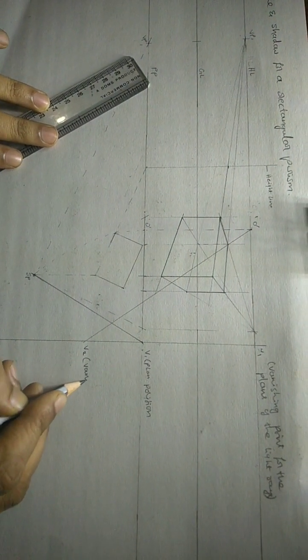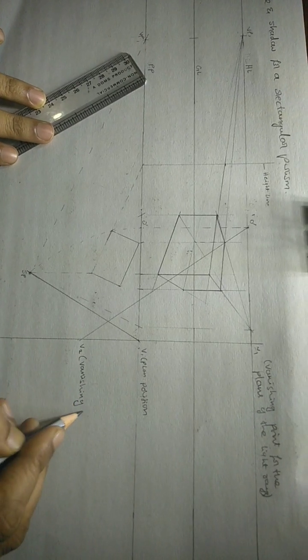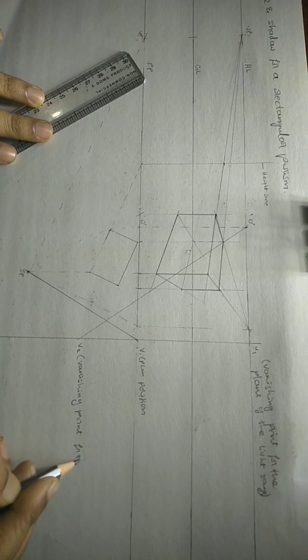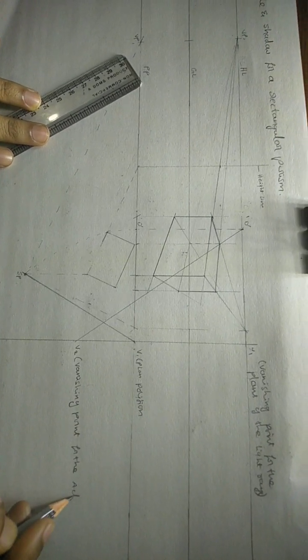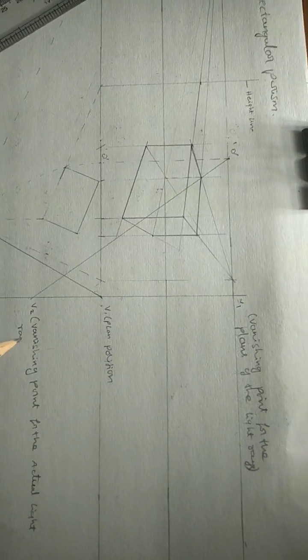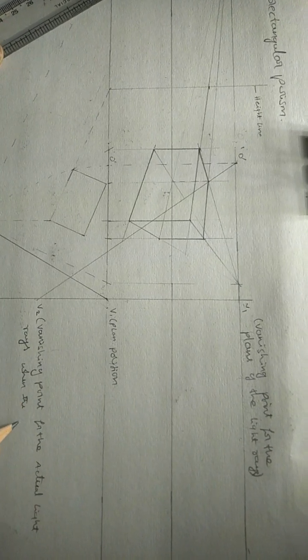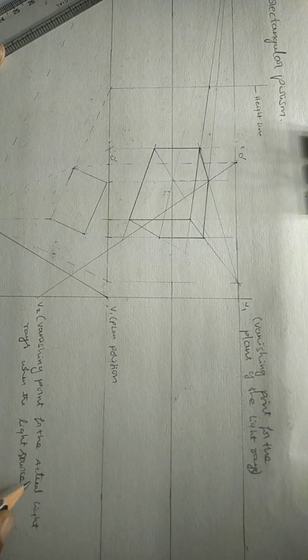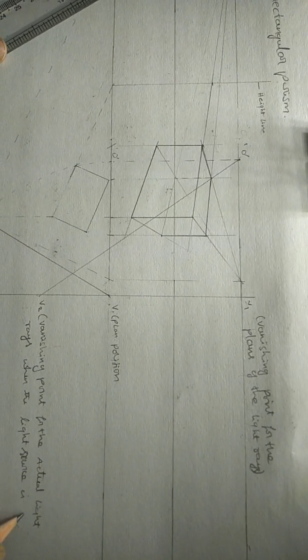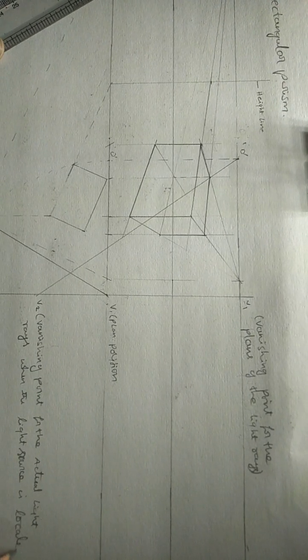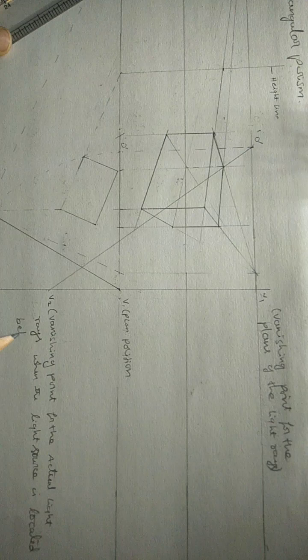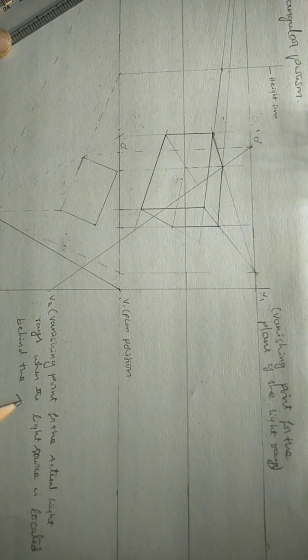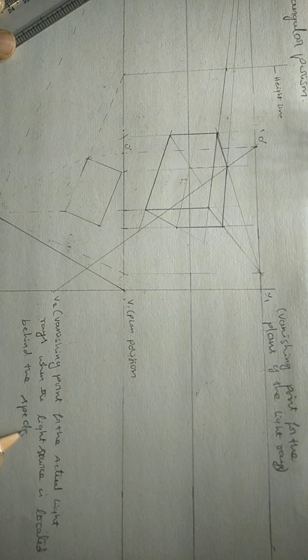So what is this? This is the vanishing point for the actual light rays when the light source is located behind the spectator.